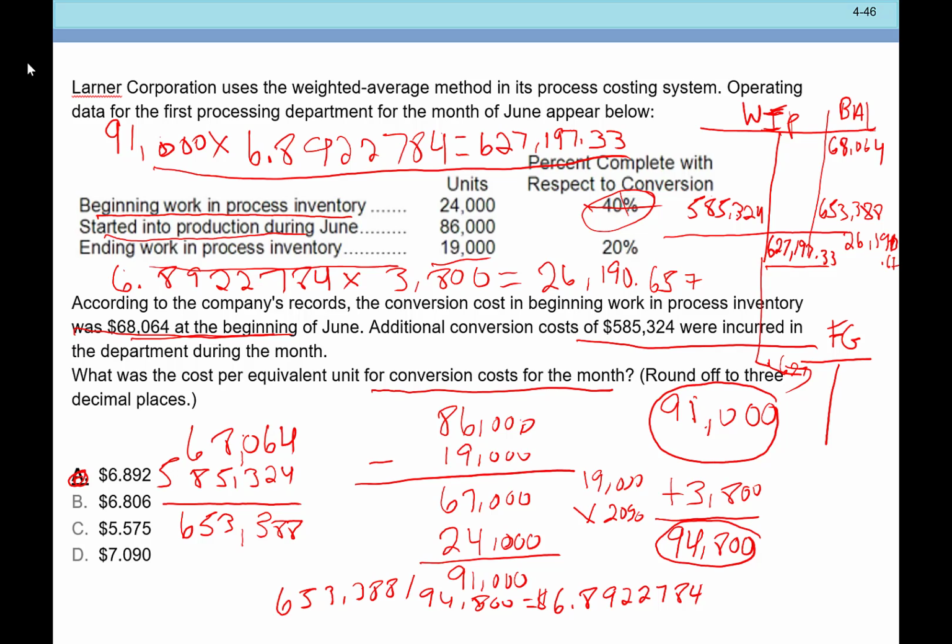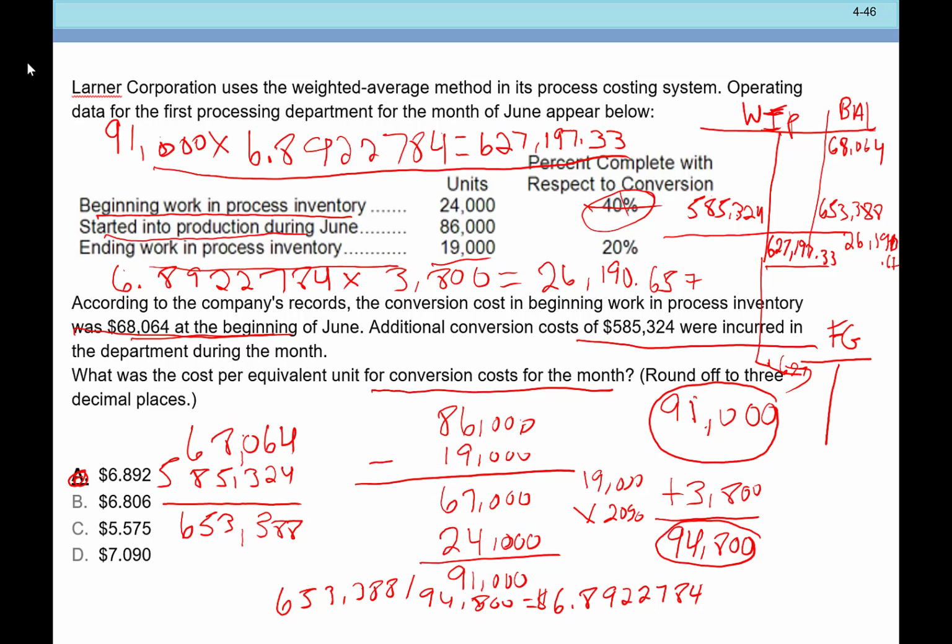Just looking at my work in process, right up here in the right-hand corner, I started with 68,064. I added 585,324 to bring me up to a balance of 653,388. And then I take my equivalent units that were transferred.